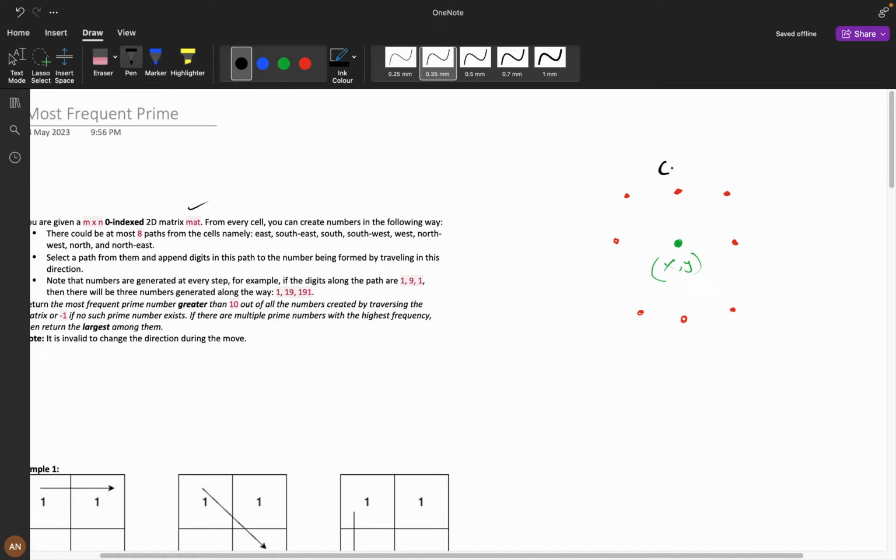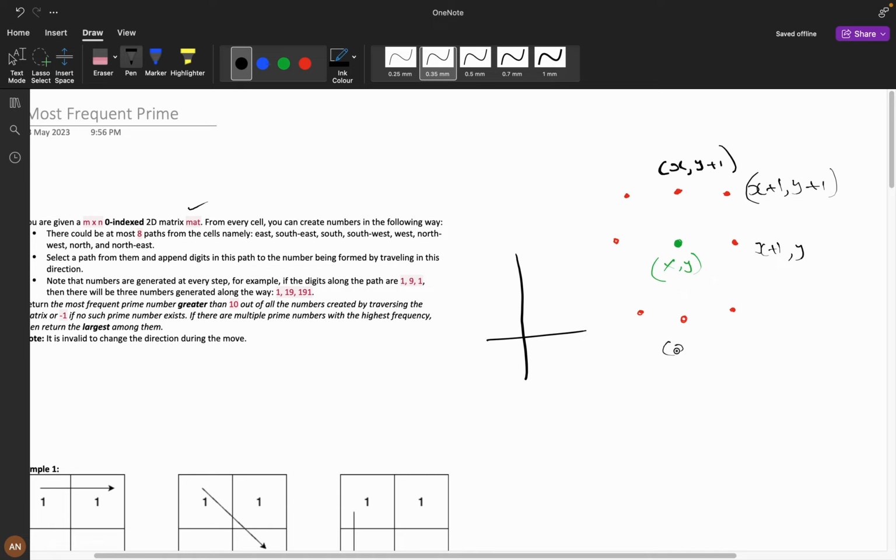If we are considering this one, it will be x comma y plus 1, right? If you draw it from this location, it is y plus 1. Now this one can be x plus 1 comma y, and this will be x plus 1 and y plus 1. In this way every node can be calculated.